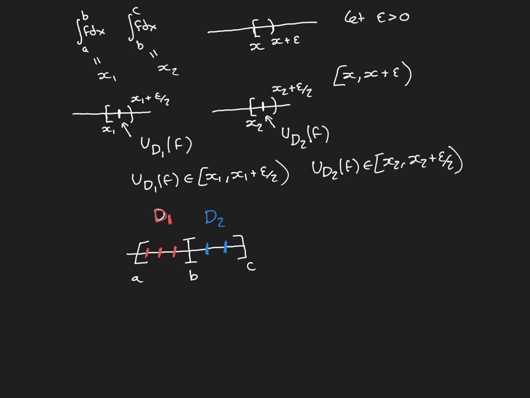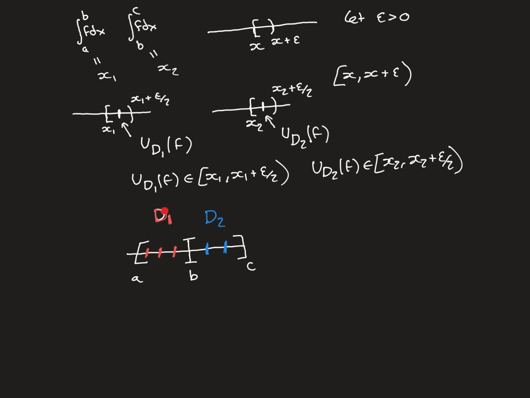So what we can now do is use these two dissections to create a dissection of the overall interval, and you can see that it's partitioning the interval up into 7 subintervals, this bit, this bit, this bit, this bit, this bit, this bit, and this bit. And overall it consists of 1, 2, 3, 4, 5, 6, 7, 8 numbers, a sequence of 8 numbers.